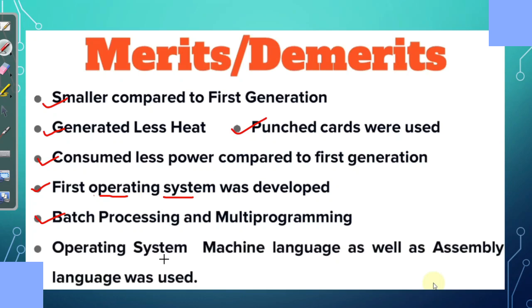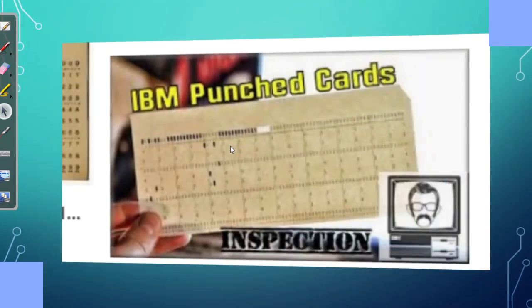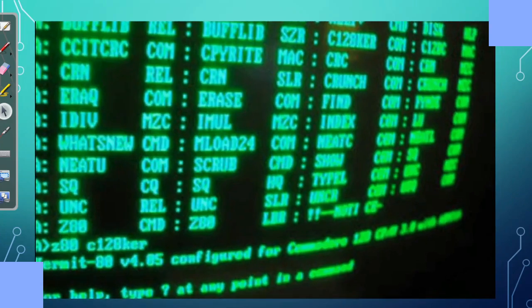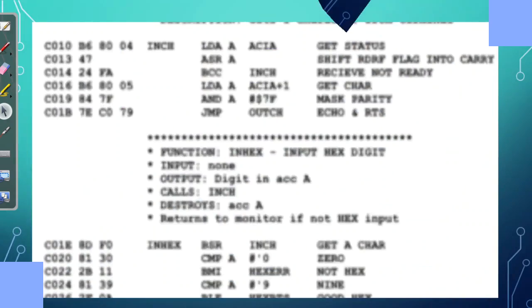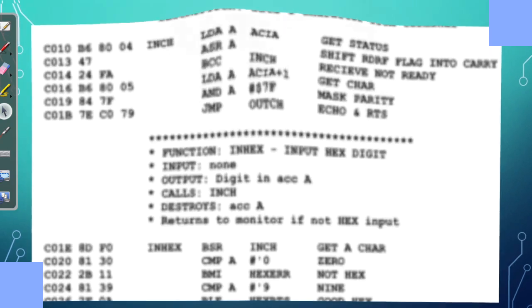Machine language as well as assembly language was used at this time. In the first generation you could use only machine language, but in the second generation assembly language also came to be used in this kind of system. This is the system software tool, the assembly language, that is your coding part.